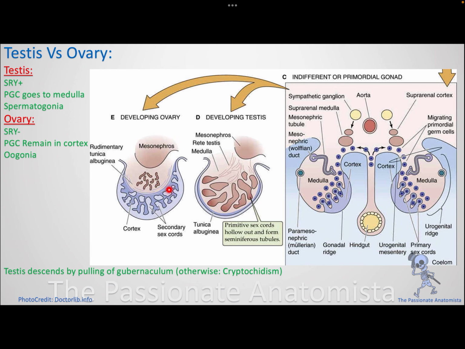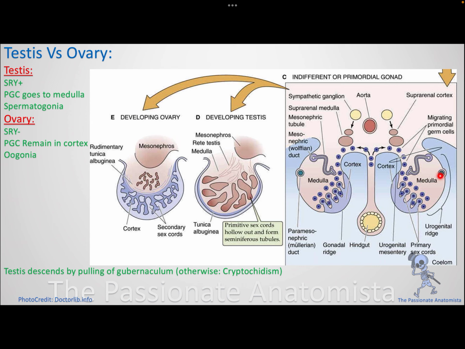Remember that the developing ovary has the thick cortex, and in the medulla you have your blood vessels. However, here in the testis everything is in the medulla itself, and the capsule or the cortex is very thin, and it doesn't have your spermatogonia. This is a huge difference between the ovary and testis, all right? And this is a very beautiful picture to show you the whole story of the formation of ovary and testis.